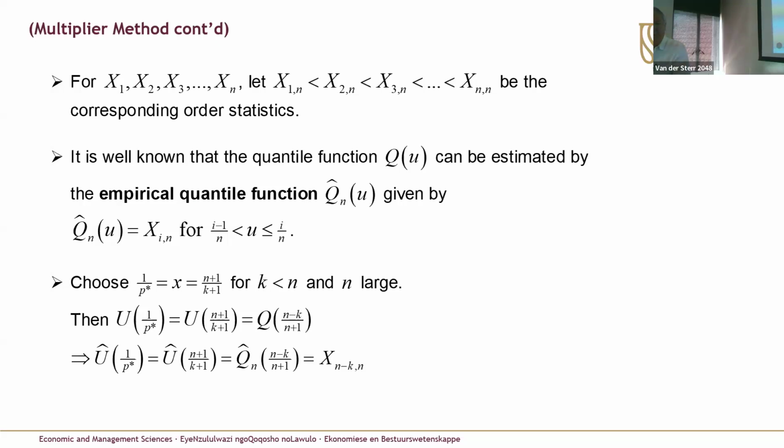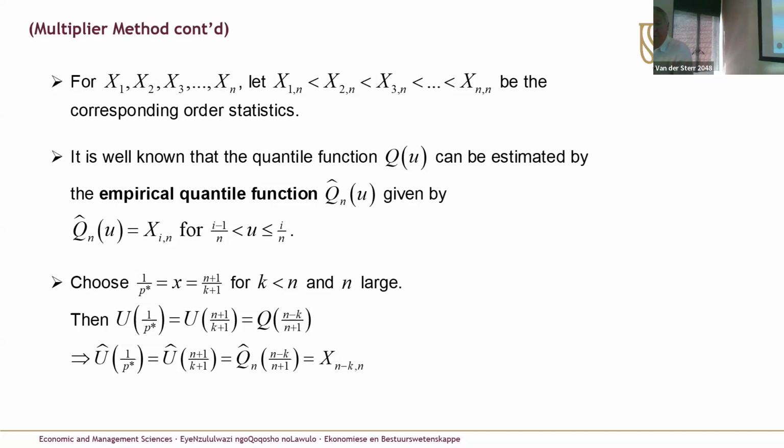Now, I'm not going to dwell too much on this, but you might remember if we have data and we have the order statistics, we have a quantile function, then we can always estimate the quantile function by the empirical quantile function, the same way that you estimate your distribution by your empirical distribution function. And what that says is I can estimate my quantile function by my empirical quantile function, which is essentially the order statistics.